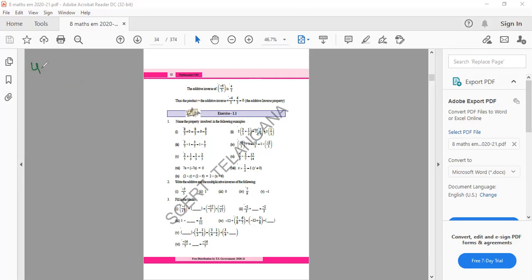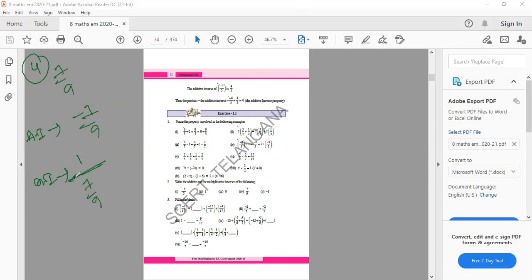Now the fourth one, 7 by 9. Now tell me the additive inverse. Minus 7 by 9. What is the multiplicative inverse? Make it fast. The procedure I told you, you can do 1 by the answer.